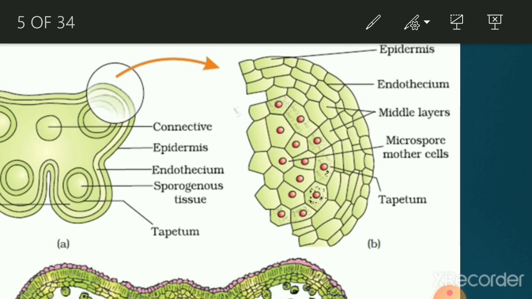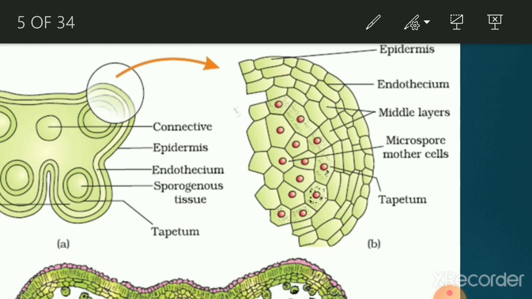It is a single layered structure, and its function is the protection of the inner part of the anther. Then endothecium and middle layer may be single layered or multi-layered. They also help in the protection of inner tissues or cells of the anther.